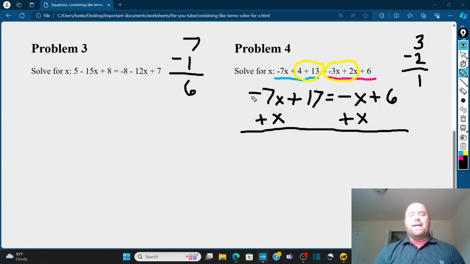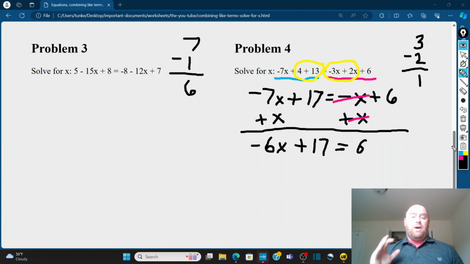We take the sign of the number further away from 0 on the number line, so negative 7 is further away from 0 than positive 1, so we're going to make this a negative 6x plus 17. On the right-hand side, the negative x and the positive x cancel out, and we're just left with equal to 6.